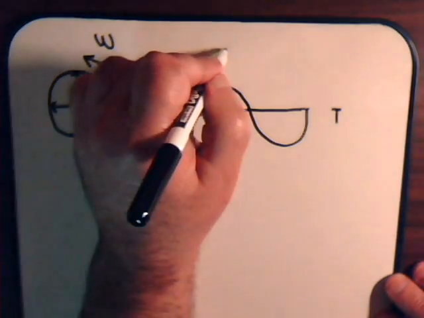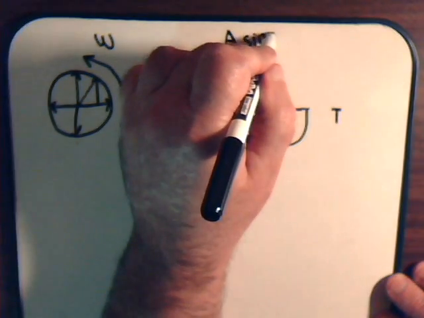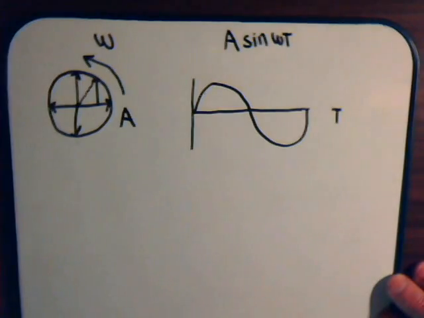Where this would be A times the sine of omega t.